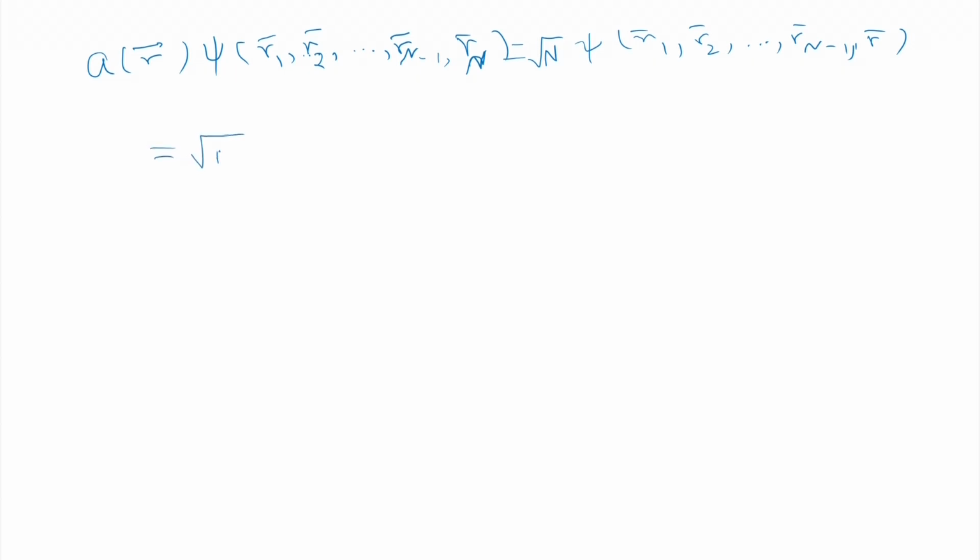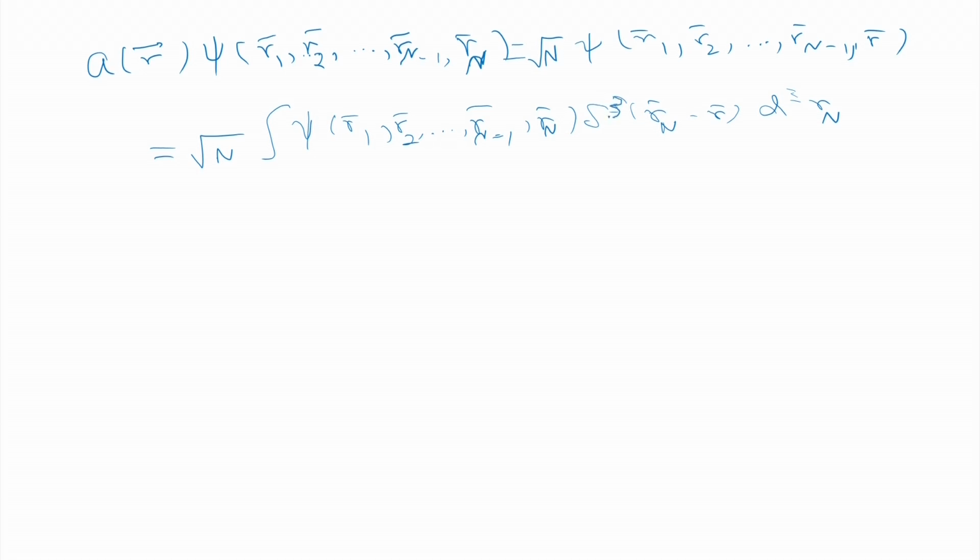You could also write this in this instructive way. You can write this as an integral over the original wave function which had n variables, and then you freeze the nth variable by integrating with the help of a Dirac delta function.